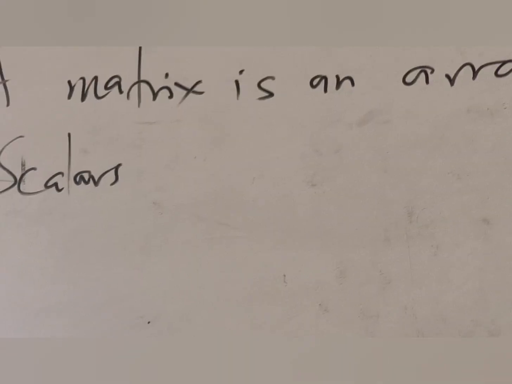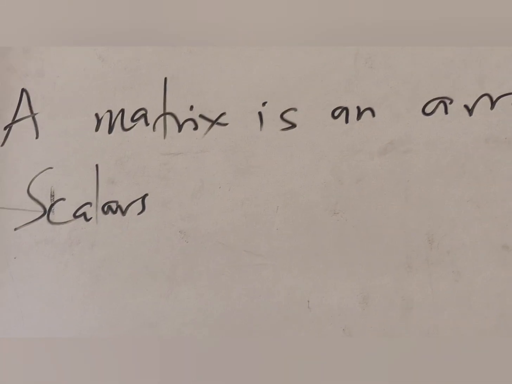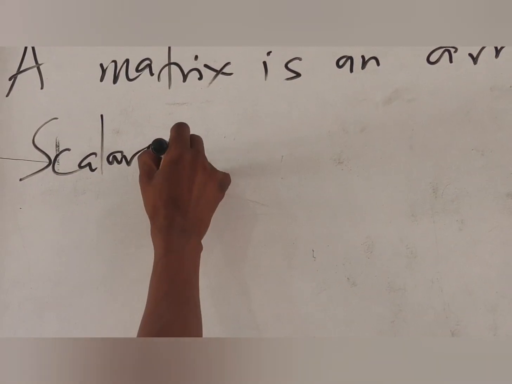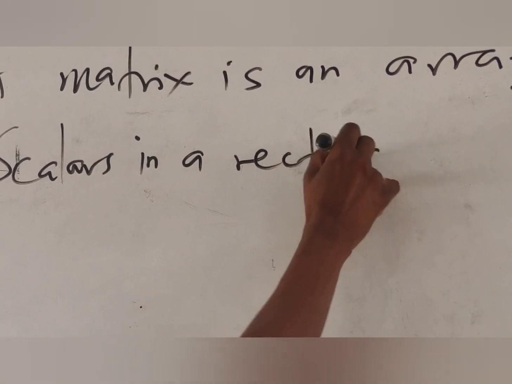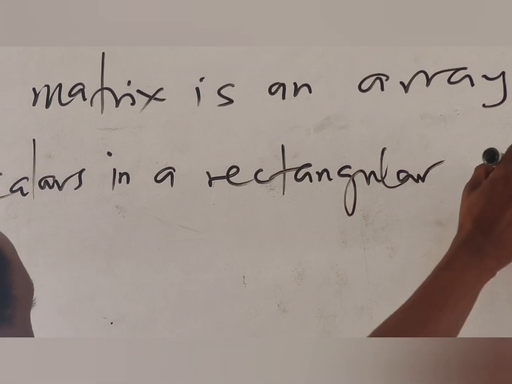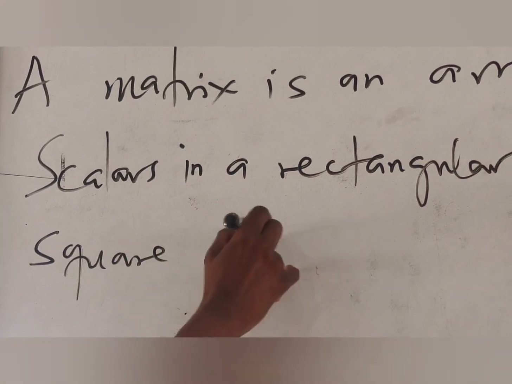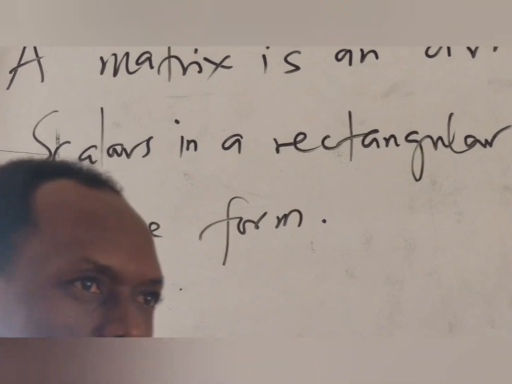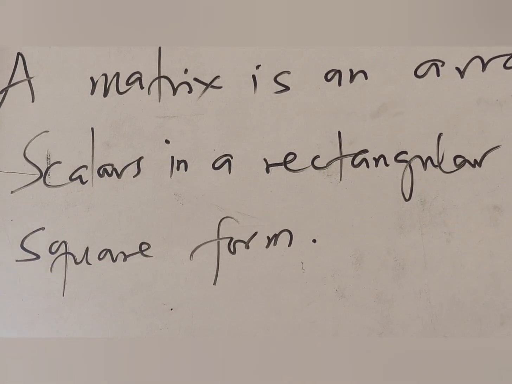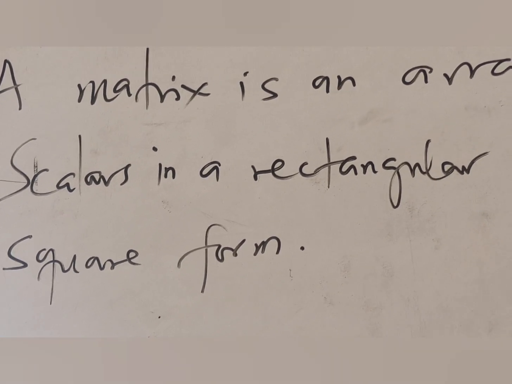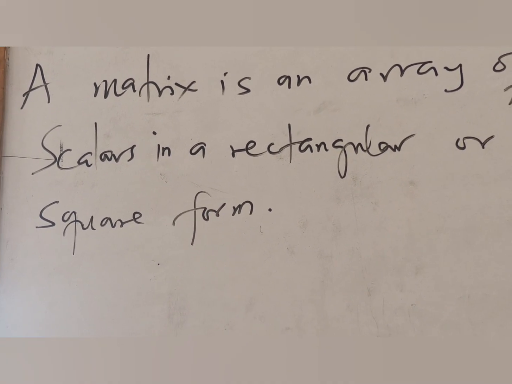In the rectangular form, they are not equal. So we can say an array of scalars is usually in rectangular or square form. Full stop.